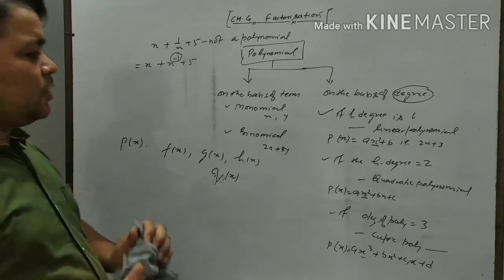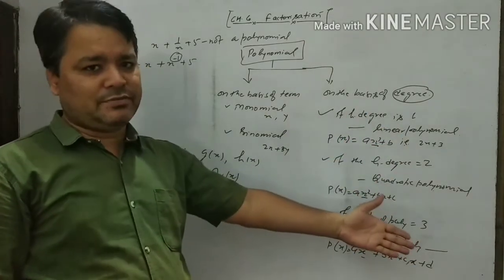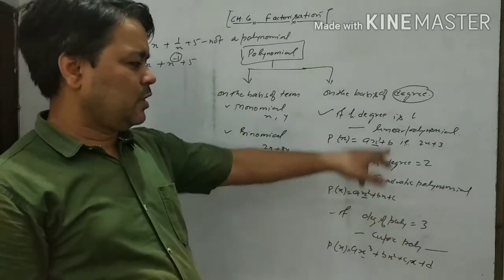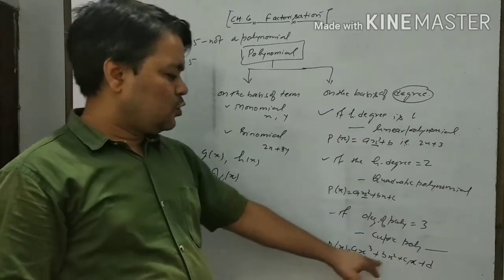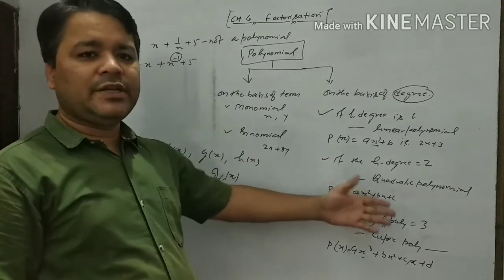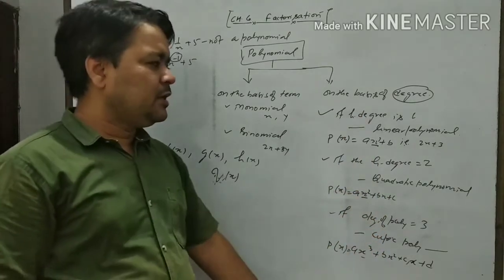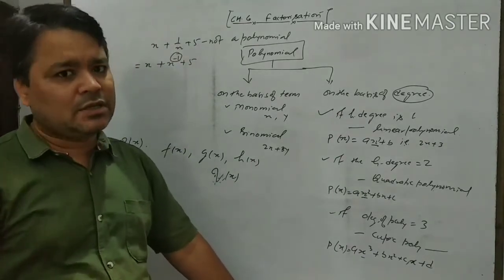Therefore, for a polynomial, the degree should always be positive. Just like here, the degree of x is 1, the degree of x squared is 2, the degree of x cubed is 3. No variable here, in this case or this case, has a negative degree. Therefore, for a polynomial, it is important that the degree should always be positive.